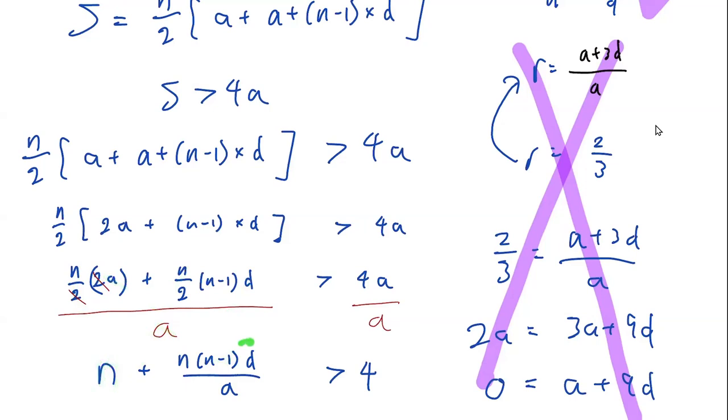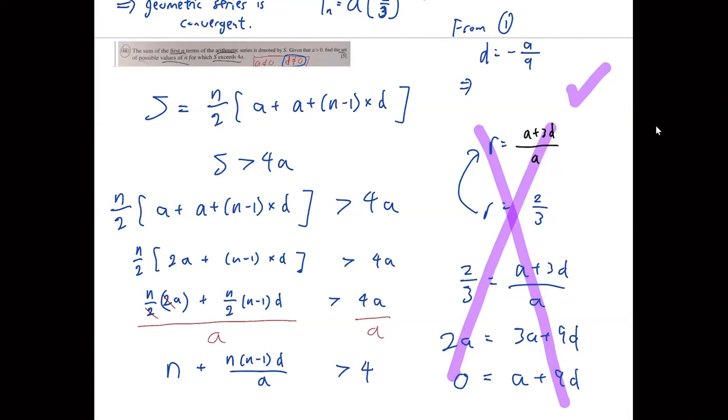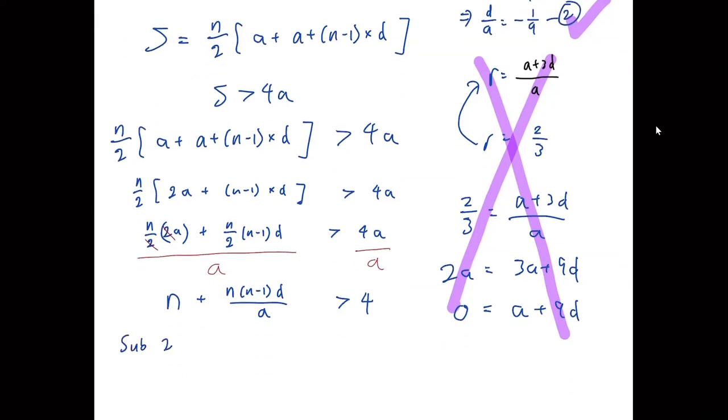Now, this is very useful because I see that d over A. How can I link it to my equation 1? I realize from 1, I can deduce that d equals minus A over 9, which means that d over A is negative 1 over 9. I'll call this equation 2. Then I can substitute in 2.